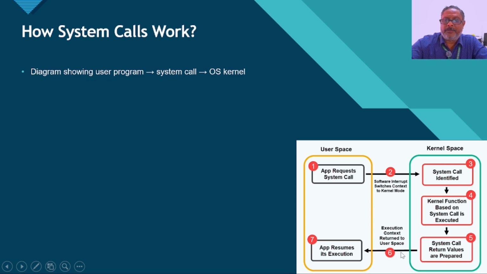While sending back, the execution context is again switched from kernel mode back to the user mode, and then the app continues to execute its earlier work, but now it has the information it was looking for.